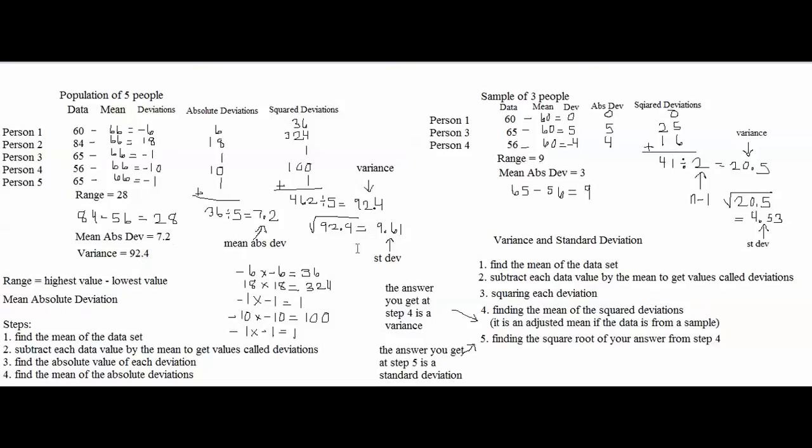Now, since the variance and standard deviation over here used a slightly different formula than the variance and standard deviation over here, there's actually different terms or different words that are used. When you have data from an entire population and you calculate the variance without using the adjustment in step 4, your answer is actually called a population variance.